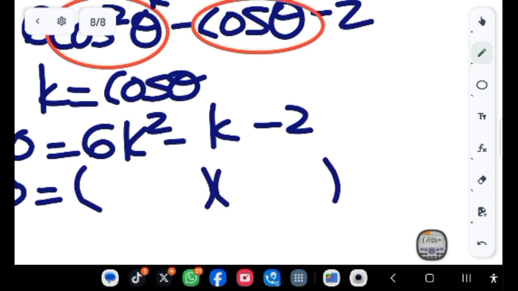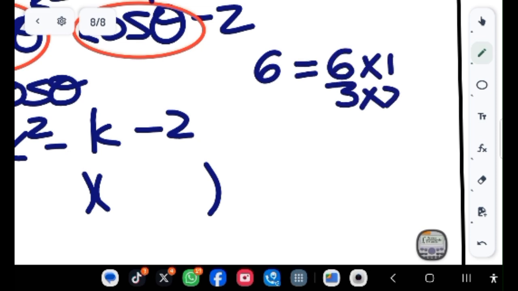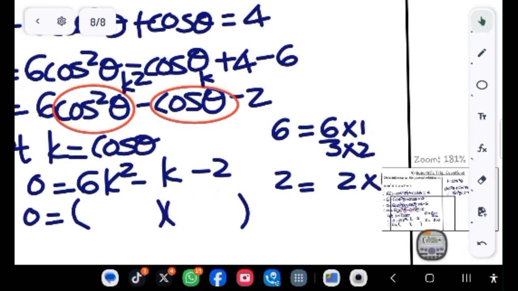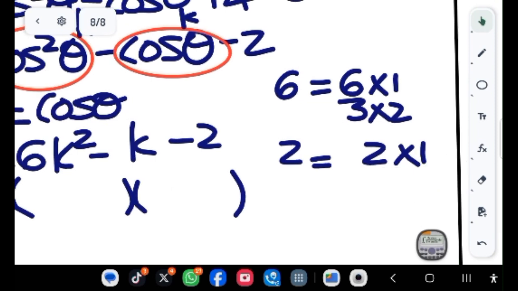Okay, let's factorize this quadratic equation. We've got 6. The factors of 6 are 6 and 1, 3 and 2, and then the factors of 2 are just simply 2 and 1. Now we need to find a combination that gives us 1 in the middle with a 2 on the outside.